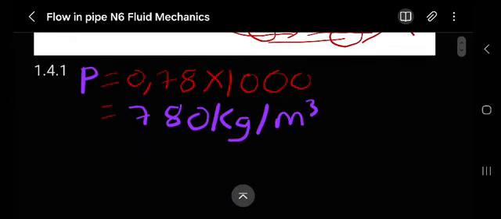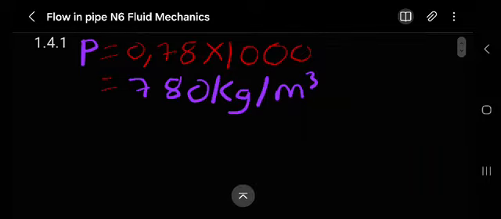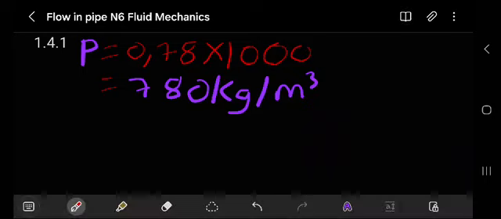For 1.4.2, we want the diameter, so we'll make the area the subject of the formula.